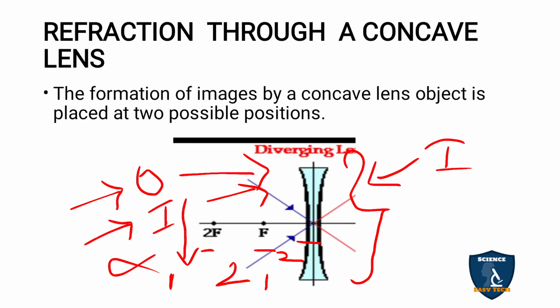In the first case, at infinity, we can't find out where the object is, that is, the distance is very large.